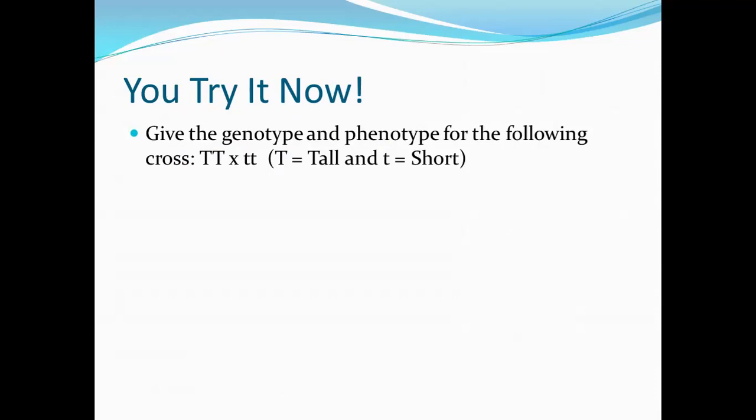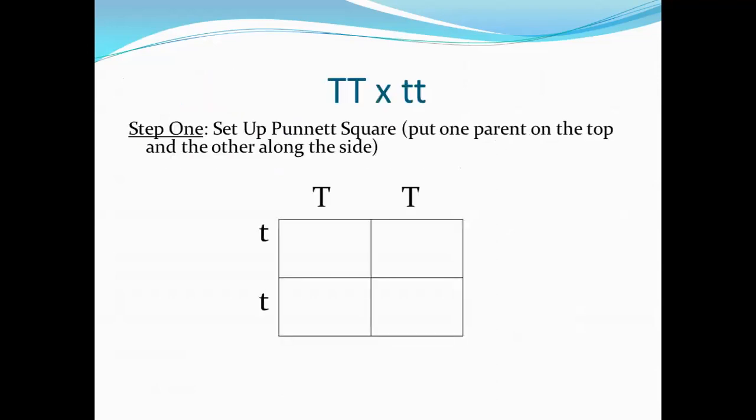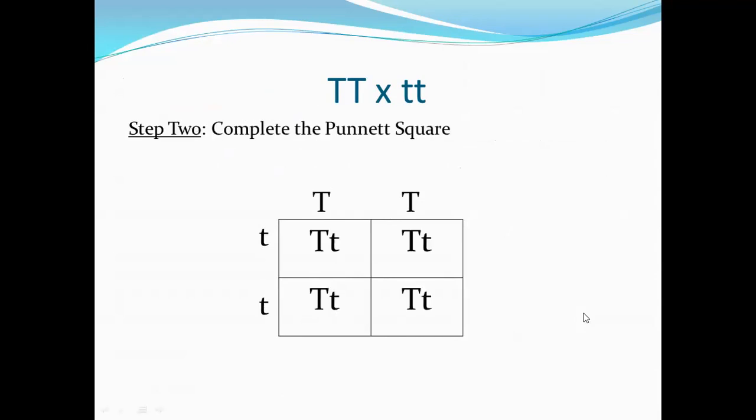All right, now it's for you to try. Like what I always do, I'm going to give you a chance to try this. So you can pause this video and try this problem. Go ahead. All right, so you have this table right now, and then you have all capital T on top, all lowercase on the side. And this is how it goes.